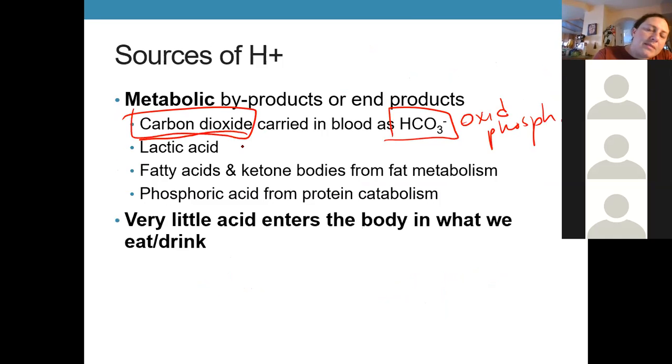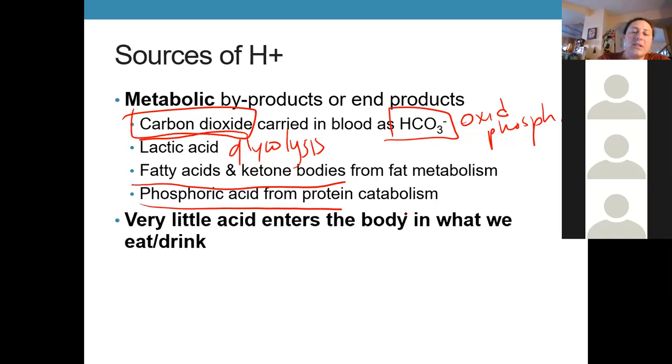Lactic acid is the waste product of just doing glycolysis without the rest of the steps. Fatty acids and ketone bodies released during fat metabolism still count as acids. And then phosphoric acid can get released during protein catabolism. And so that's going to be acidic as well. So all of these things can potentially lower the pH in our fluids and cause problems.